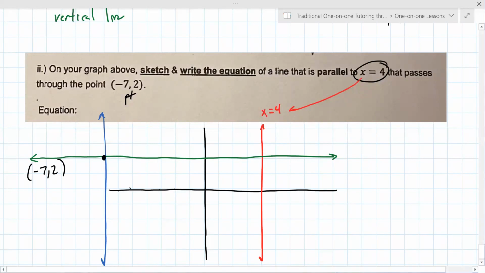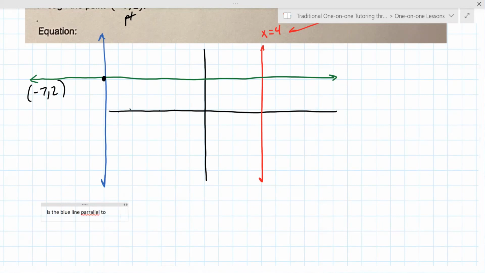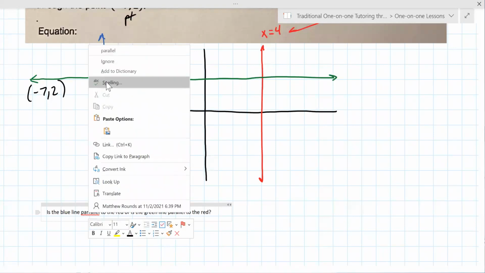That's what I'm asking. Let me type it out here. Is the blue line parallel to the red, or is the green line parallel to the red? Yeah, it is the blue line.